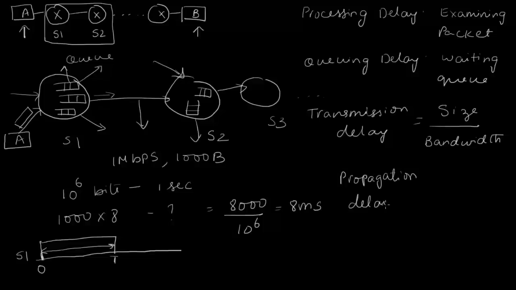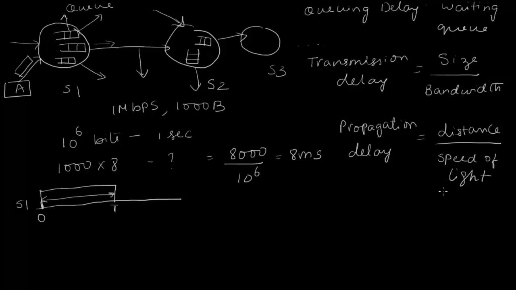And this is a function of the distance and the speed of light in that cable. Now the speed of light takes on different values. For example, if it is a fiber cable, the speed of light is about 2 into 10 to the power of 8 meters per second.